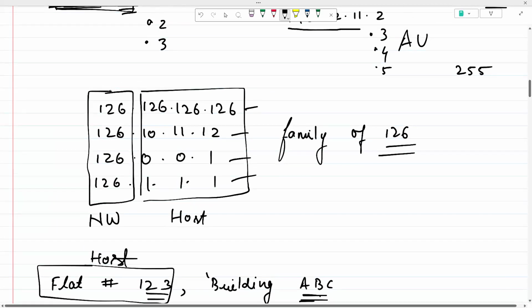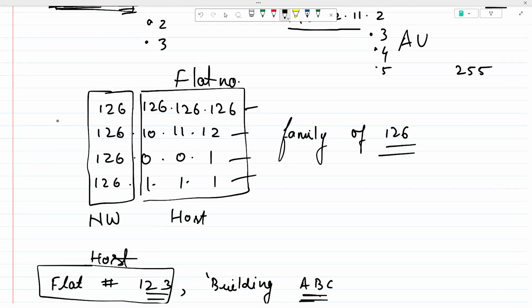This is my flat number, and this is the rest of the address, which is same. So in an IP address, the part which is always constant is the network part. The part which keeps on changing is the host part.